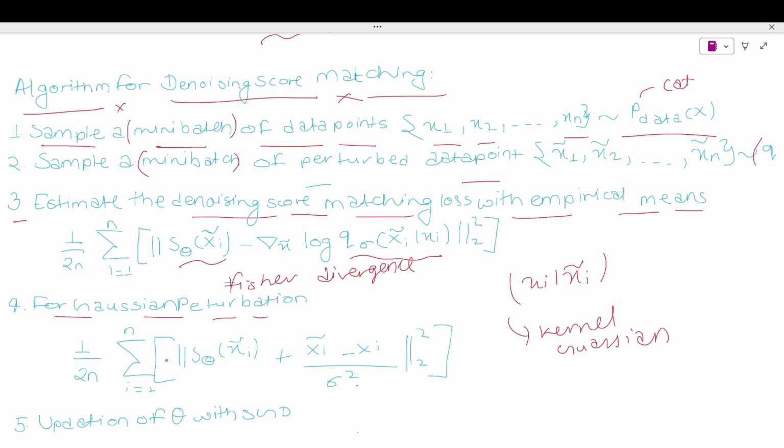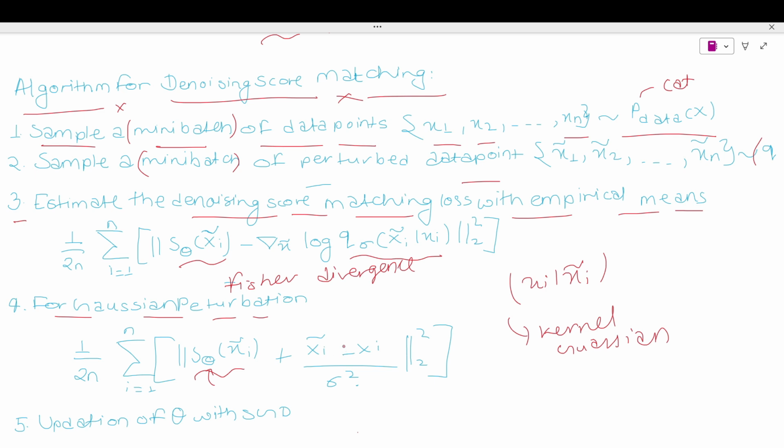So our objective can be simplified into this form. We have to find the optimal theta, which will minimize this overall loss.